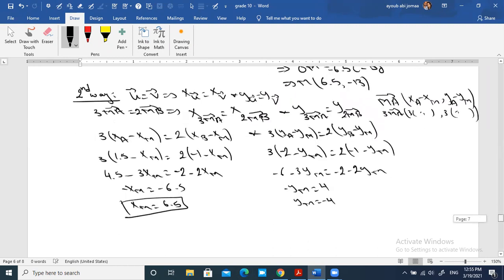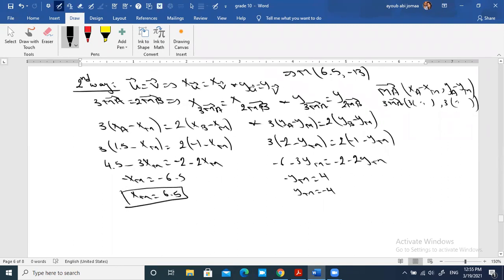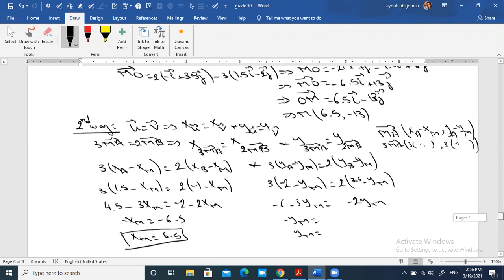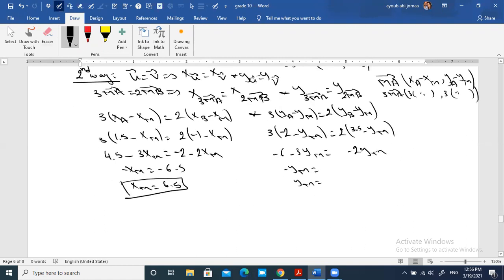we have a mistake here. Y of b is 3.5. We are seeing mistakes today. It's 3.5. So here you get 7.